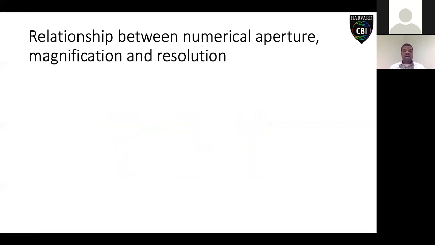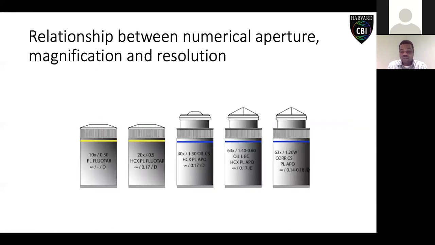Next, how do resolution and the objectives interact? That is an issue that is not easy to explain, but I hope this diagram is going to help us with it. In many cases, for each objective that you have, from a 10x all the way to a 63x, beside the objective magnification is the numerical aperture that is indicated right here.